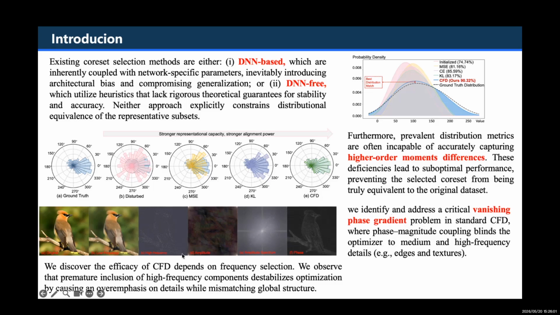If we use a naive CFD, we will lose some of the high frequency details, and also some of the phase components, which are really important for the fine-grained features. We also identify that the frequency selection is really important for the CFD, so we have introduced some techniques to manipulate this process.